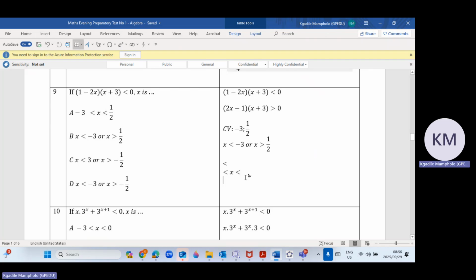So again, if the inequality sign is less than, then the small number is on the left and the bigger number on the right.